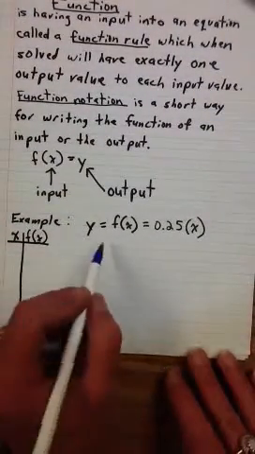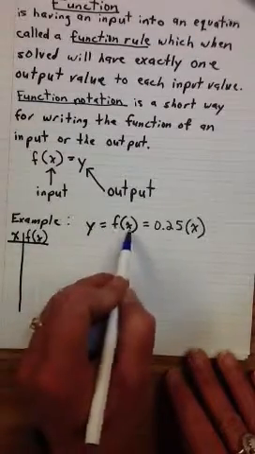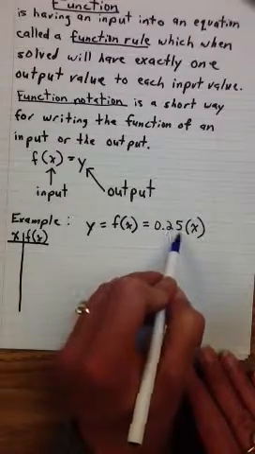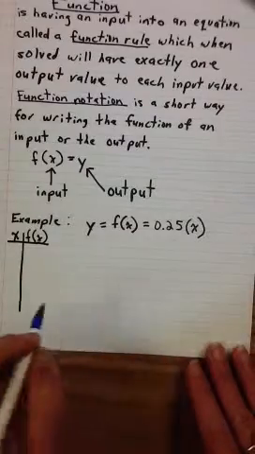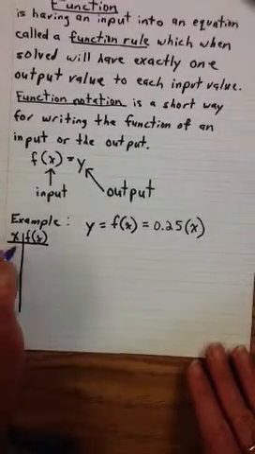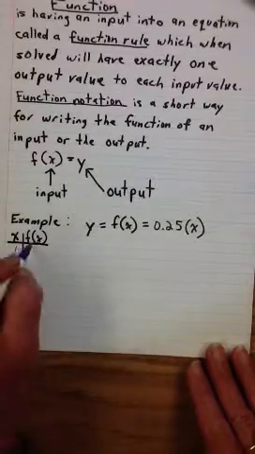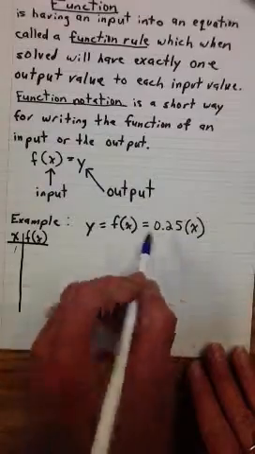All right, let's look at this equation here. Y equals the function of x, which is 0.25 times x. Okay, so if I put 1 in for x into this equation, my function of x, or my y, is 1 times 0.25.